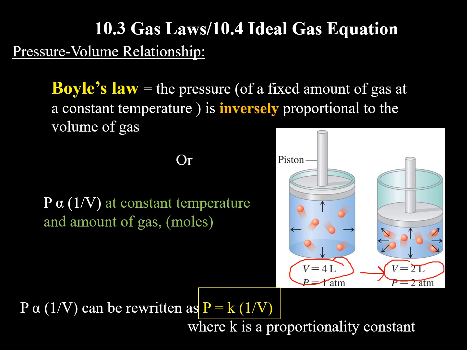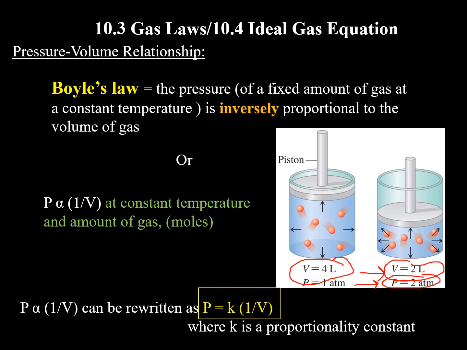What have we done? To decrease the volume, we increased the pressure of the container. So we increased from 1 atm to 2 atm. So this is an inverse relationship, meaning that if we decrease the volume, the pressure will increase. Boyle's Law. And this works at a fixed amount of gas and at a constant temperature.